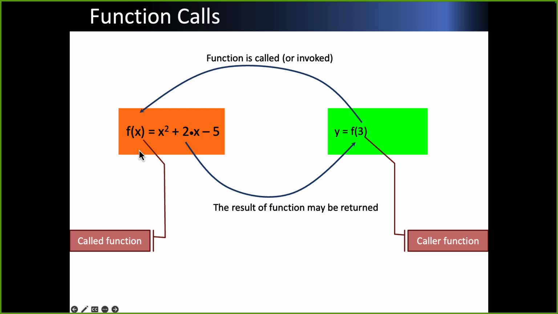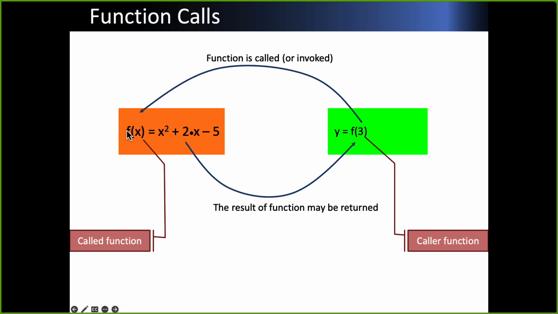So this is a function definition. This is a function invocation. We call this the caller. We call this the called function. Once a function is defined in this way, then we can invoke it in this way. f of 3, then it goes there.